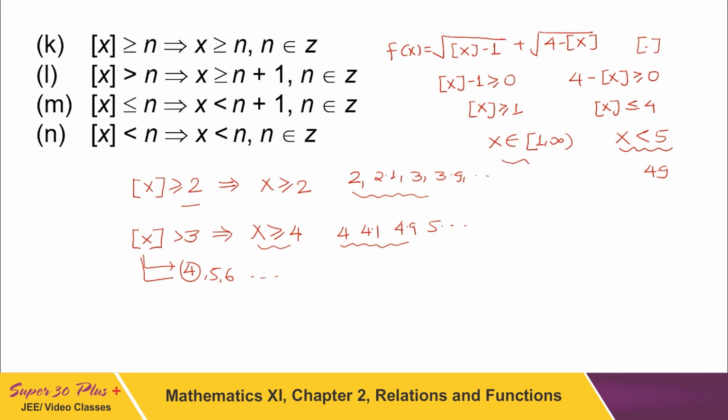Now the answer will be the intersection of these two intervals. This is from 1 to infinity, and here it is minus infinity to 5. Means your answer will be x belongs to closed 1 to open 5. Do you get it? Answer will be closed 1 to open 5.